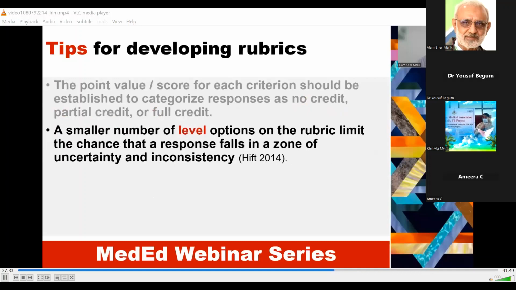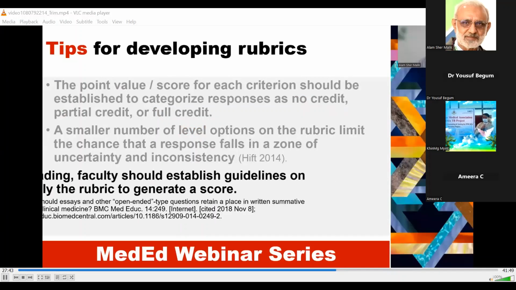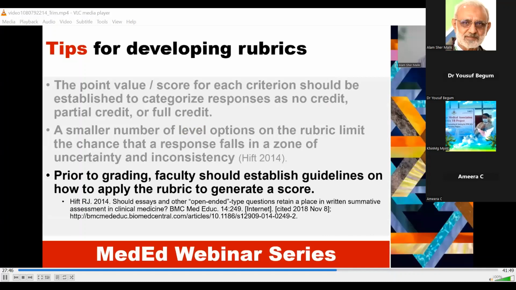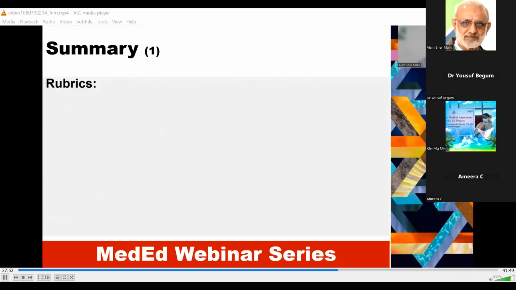A smaller number of level options on the rubric limits the chance that a response falls in the zone of uncertainty and inconsistency. Prior to grading, faculty should establish guidelines on how to apply the rubrics to generate a score.